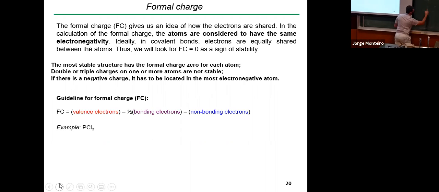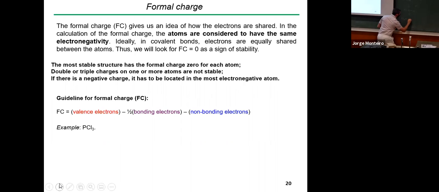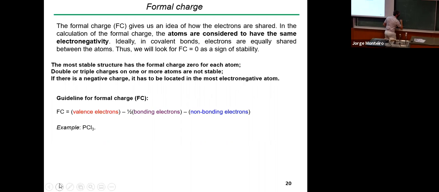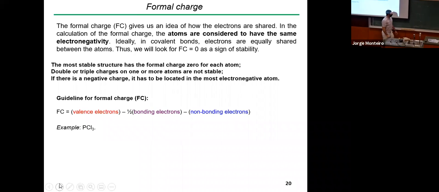So let's start with oxygen. Oxygen started with 6 electrons. It's only making a single bond, so therefore 2 bonding electrons, and has 6 non-bonding electrons.